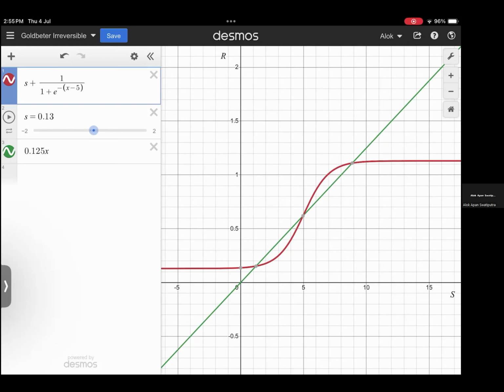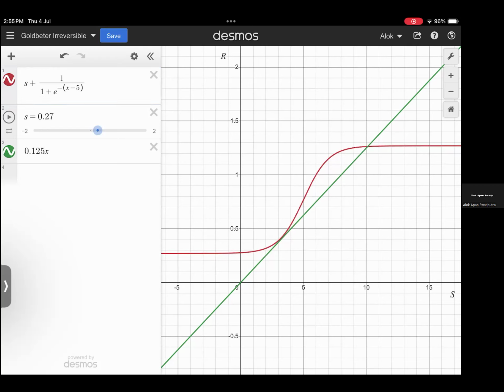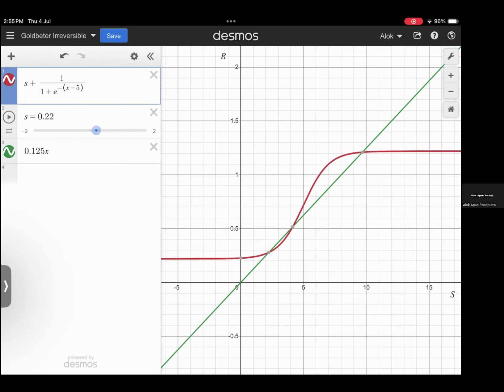So there are 3 points of intersection, which means there are 3 steady states. If I increase this further, you see two of the steady states come together and one vanishes. Two steady states come together, the lower one and the middle one.